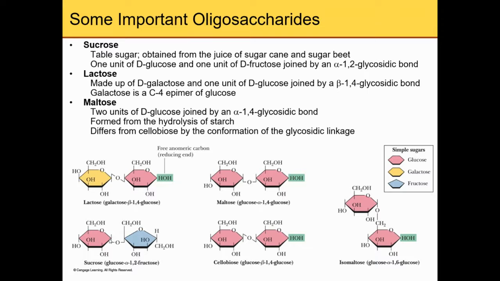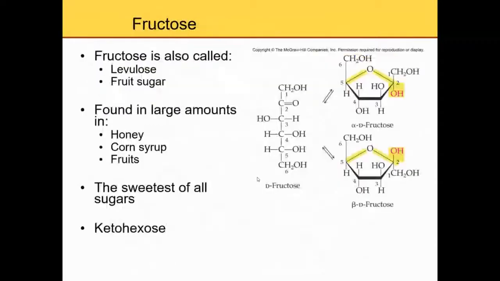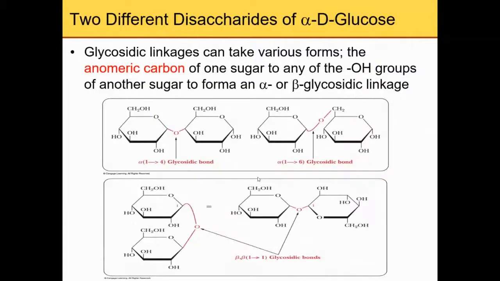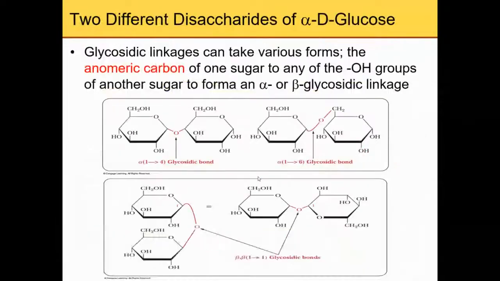Sucrose, we have the alpha 1,2 glycosidic bond, and maltose is alpha 1,4 glycosidic bond, right? So that's the glycosidic bond to form the disaccharide, okay?